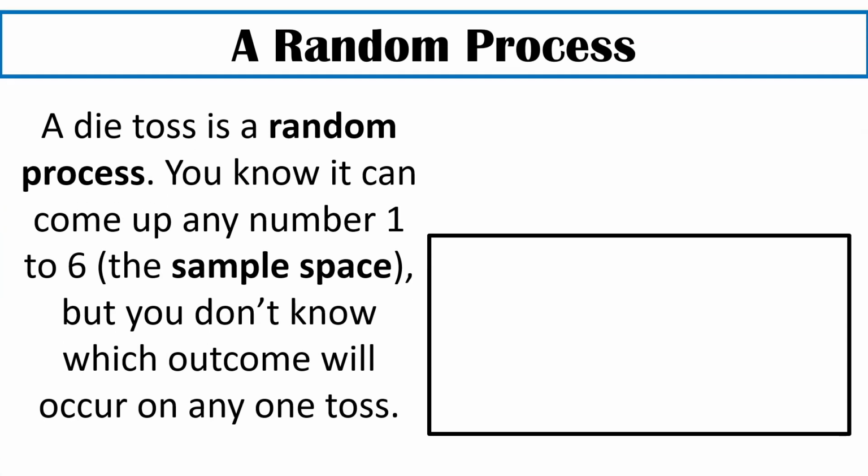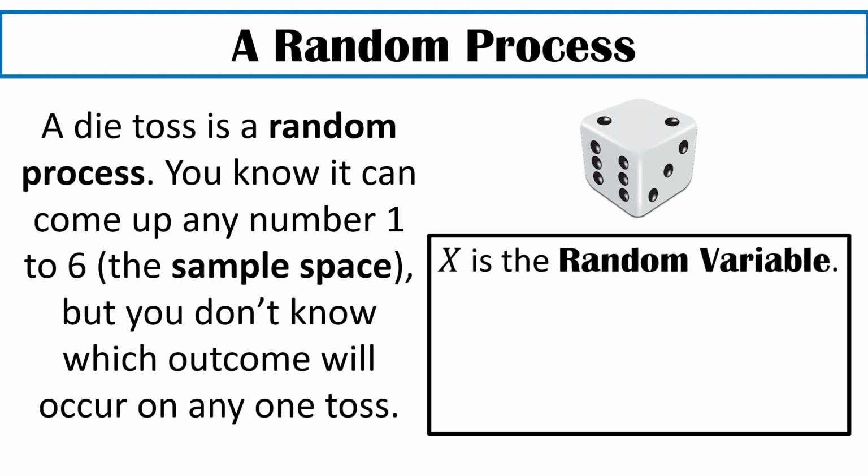So if we look at another example, here a die toss. If you toss a die, that's also a random process. You know the die can come up 1, 2, 3, 4, 5, or 6, so that's the sample space. But on any individual toss, you don't know what's going to come up, and that's why we call it random. So here we could say X is a random variable.